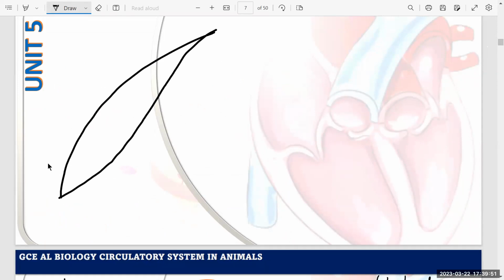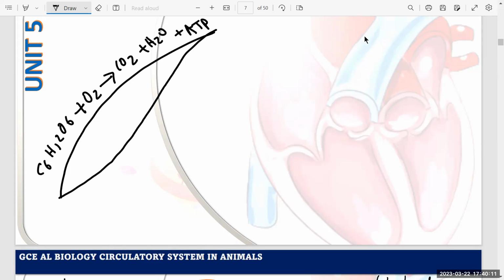If you remember aerobic respiration, this is a glucose molecule, C6H12O6. It needs oxygen, and it produces carbon dioxide, water, and ATP.